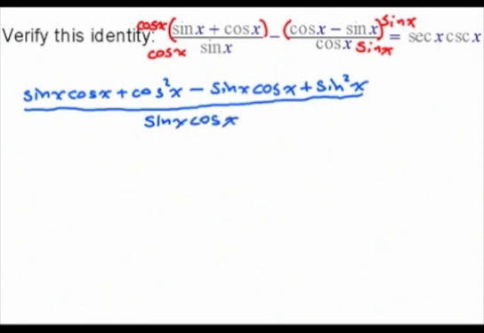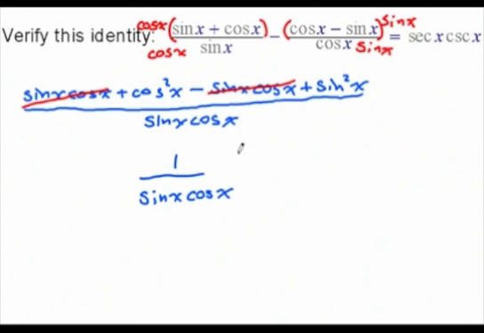Now one of the nice things is the sine of x cosine of x are going to cancel. One's positive and one's negative. We have this cosine squared plus sine squared, that's just going to equal 1. Oh, this is easier than I thought it would be. So this would be 1 over sine of x cosine of x.